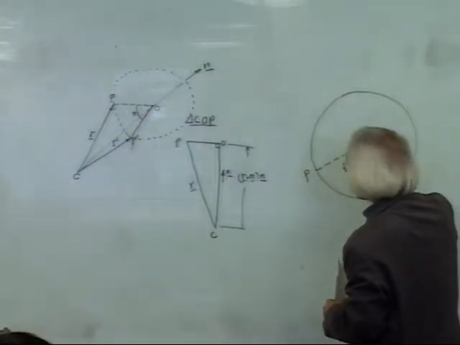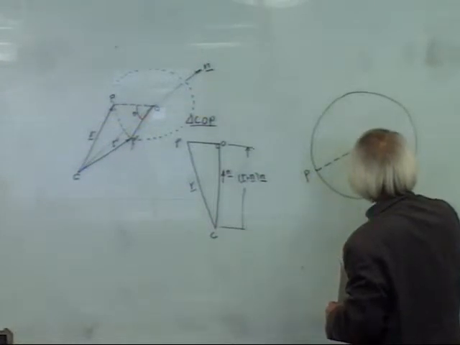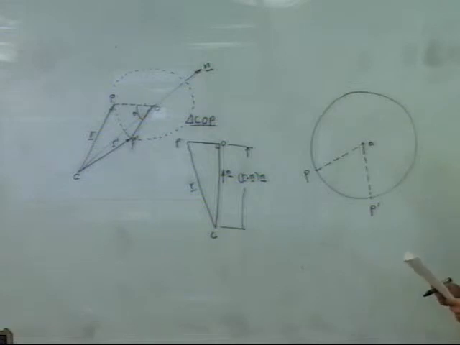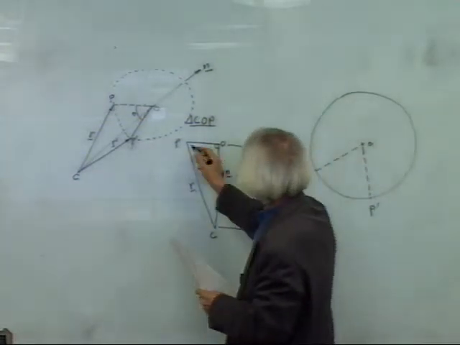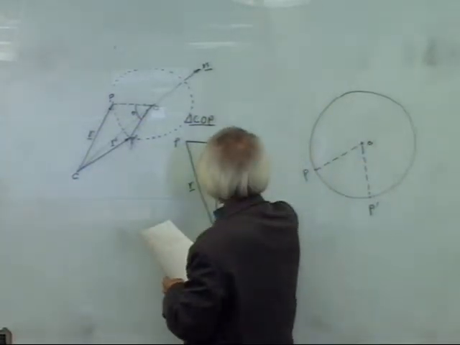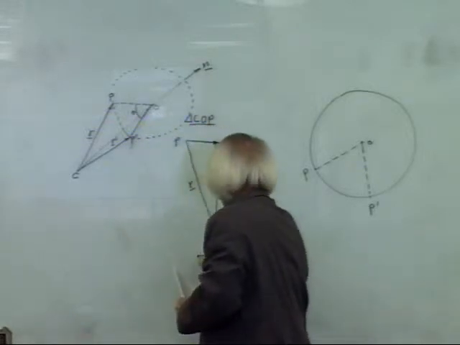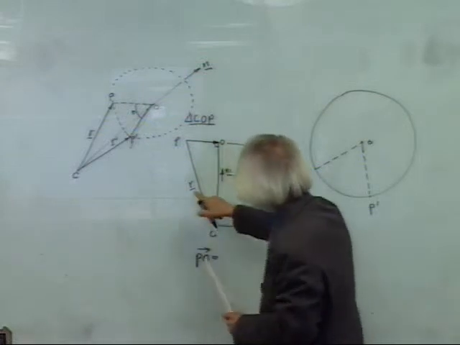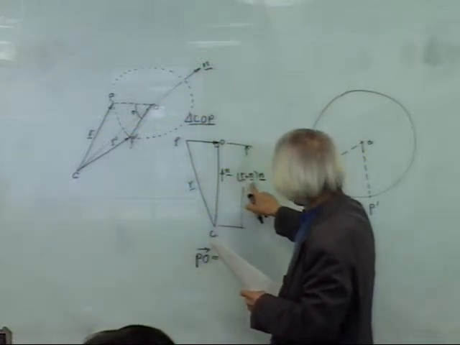And that's P prime. Okay? It's like that. So here, what I say is my vector from P to O, PO as a vector, is this one minus that one.